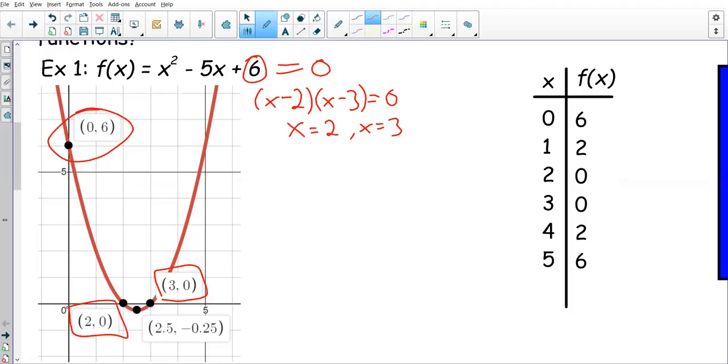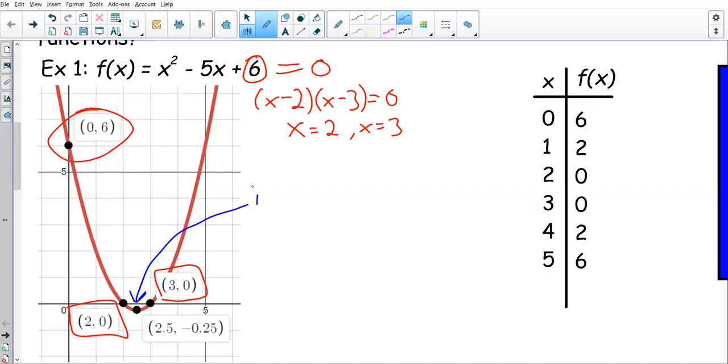Now, because this is a quadratic, we know how to find the minimum. We've talked about this a lot recently, we could use negative b over 2a to figure out the x-coordinate of the minimum, and then we could substitute back into the equation, and we could get the y value of the minimum. Obviously, we have a minimum there.